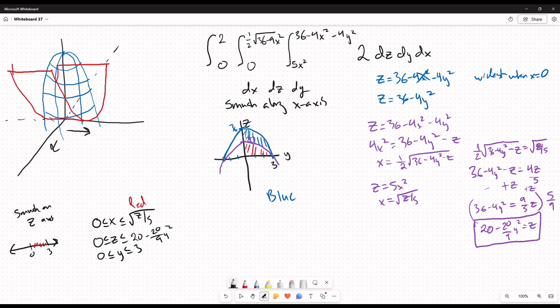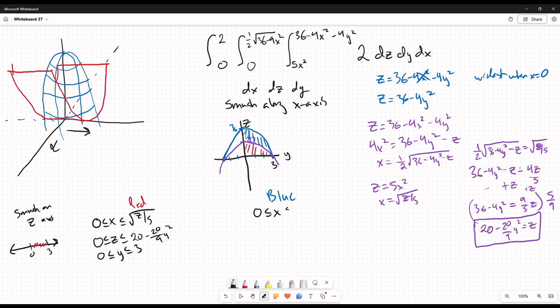Now let's go ahead and do the blue region. For the blue one, again, x is always going to be greater than or equal to 0 for this shape because we're in the first octant. But now the front function isn't going to be given by the red shape, it's going to be given by the blue shape. It's going to be given by, and we wrote that as 36 minus 4.